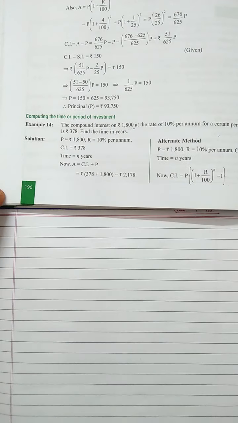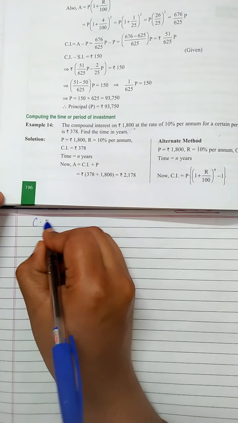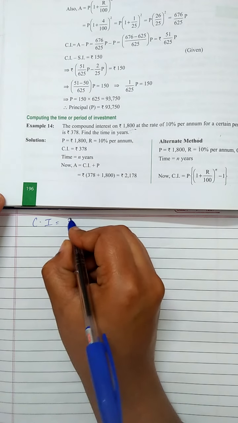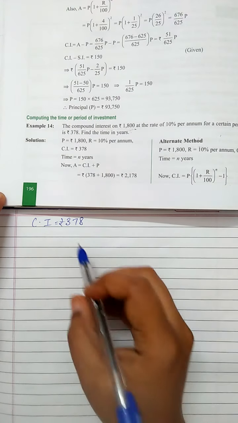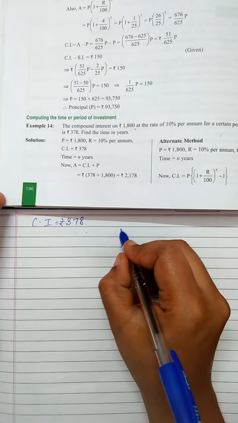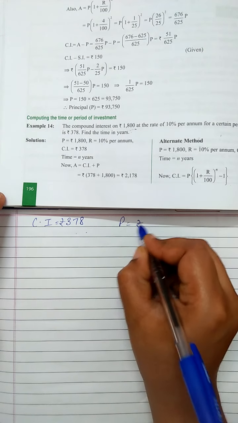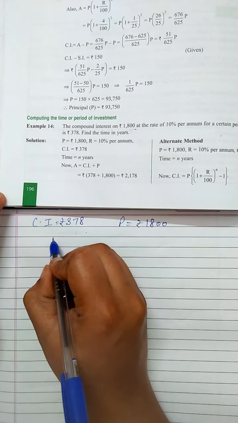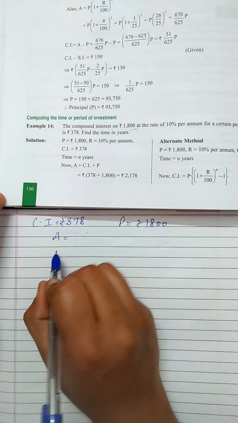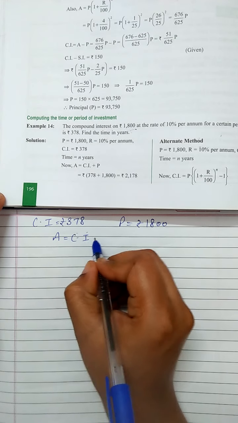As you know, the compound interest is given, that is 378, and the principal is also given, that is 1800. First of all we find the amount. How to calculate the amount?